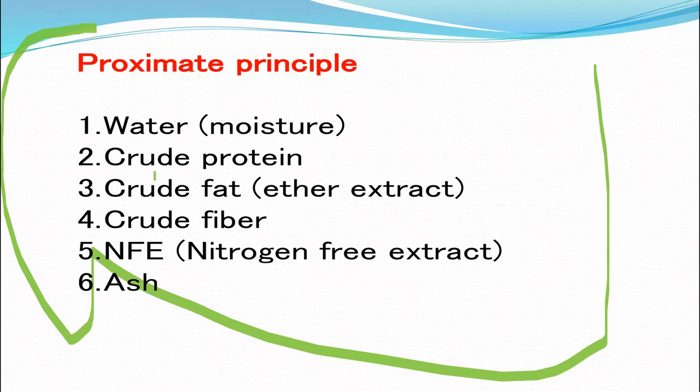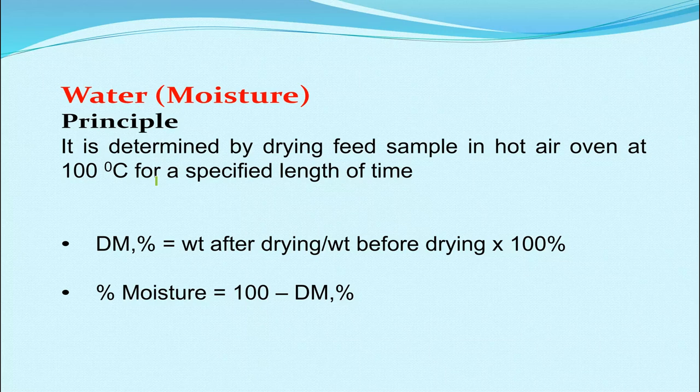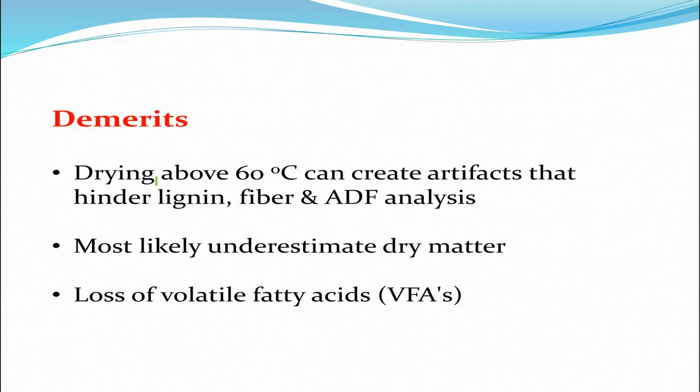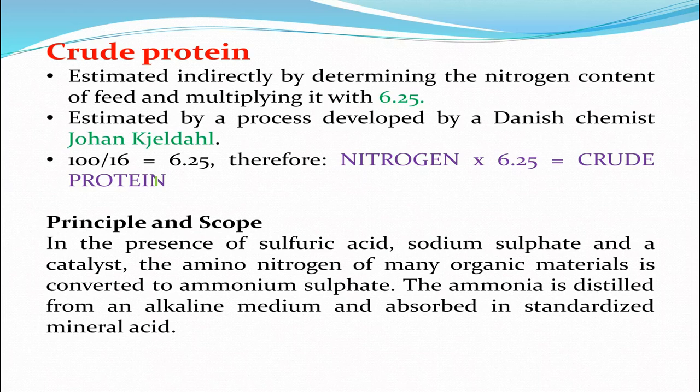So these parameters we have studied. The dry matter is equal to the weight after drying over the weight before drying, etc. Then 100 minus dry matter. So all these we have discussed at length.